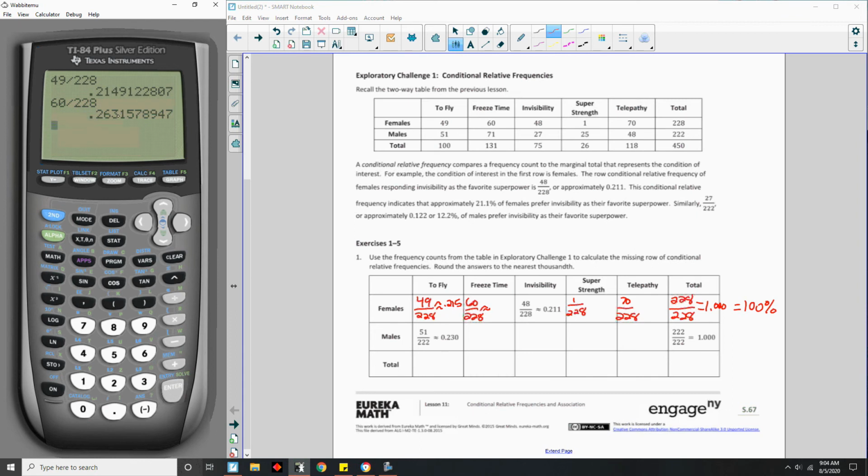The 1 has it round down, so it's 0.263. 1 divided by 228 is 0.004, and the 3 would have us round down, so it is approximately 0.004. And 70 divided by 228 is approximately 0.307.